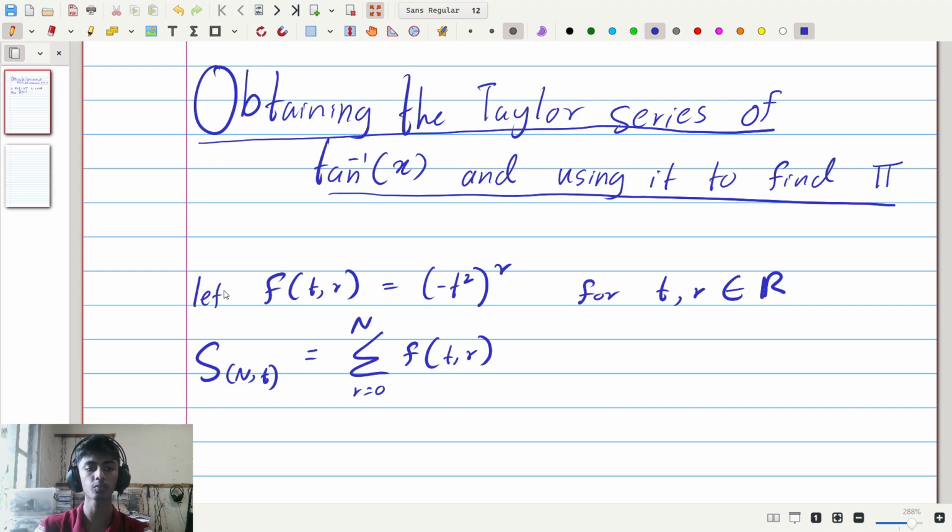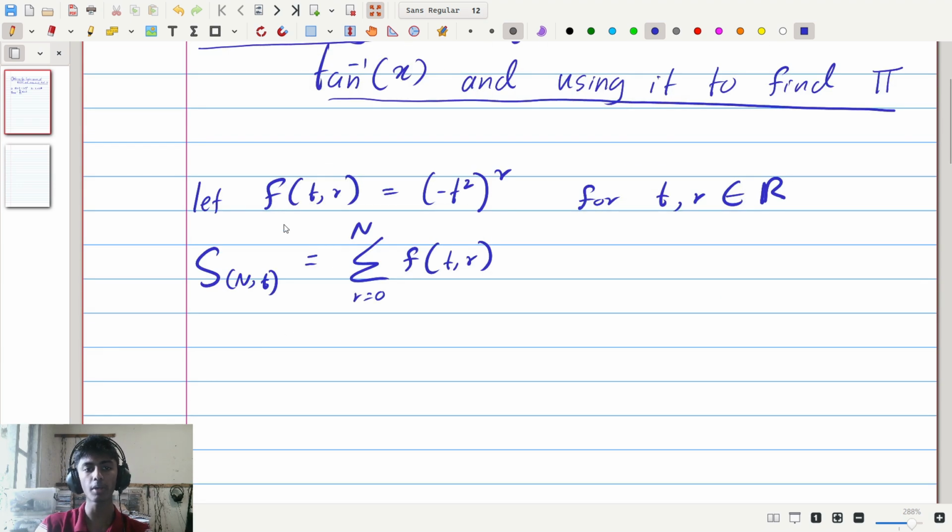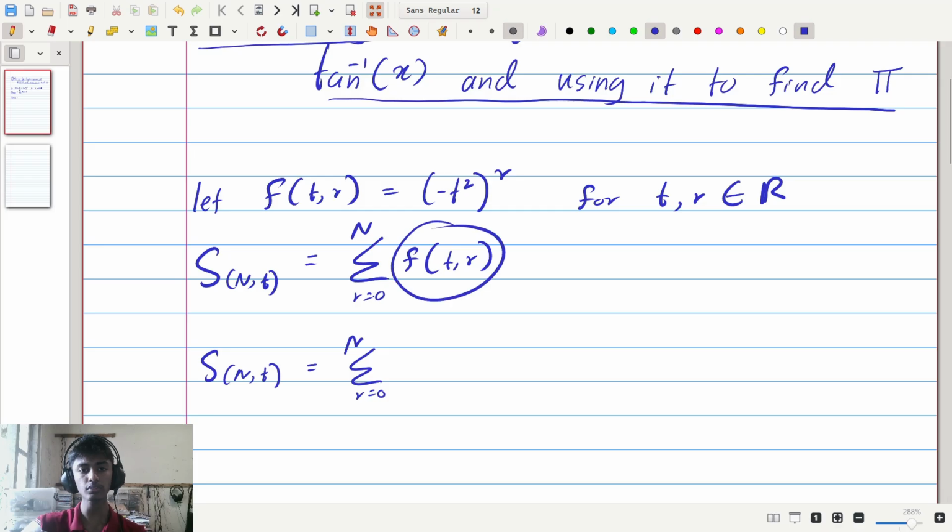So then here, if I substitute the first function into the second expression, we have that s of n and t is equal to the sum as r goes from 0 up to n of this stuff here. Substituting it in, this is the sum of negative t squared to the power of r.